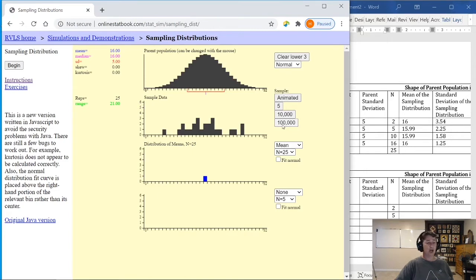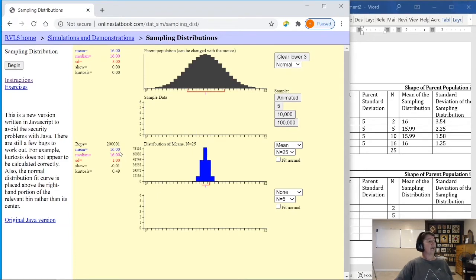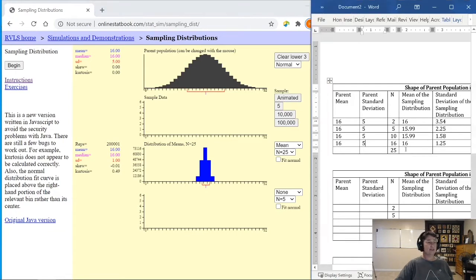So I'm going to do it 100,000 times, 200,000 times. When I do, here again, I have this nice symmetric shape to my new distribution. My mean is right there at 16 still. But my standard deviation again got even smaller. Now it's only 1.